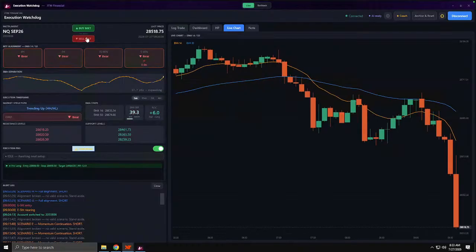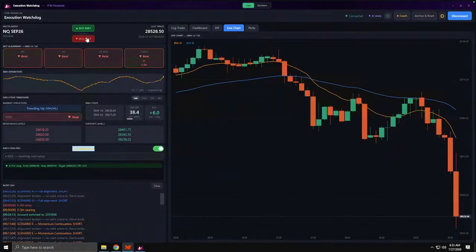All right, so from here now I want to wait for a retracement. So wait for some pullback, because usually when those swing lows are taken out, there is definitely some reaction.